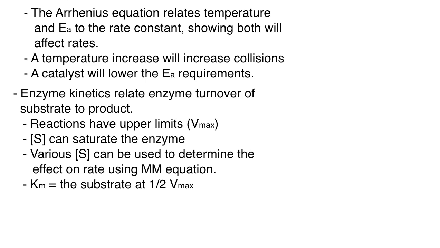The concentration of a substrate can saturate the enzyme. That's exactly what Vmax is. Now remember, we're also assuming that enzyme concentration stays constant, among other assumptions such as the steady state assumption. Various substrate concentrations can be used to determine the effect on rate using the Michaelis-Menten equation.